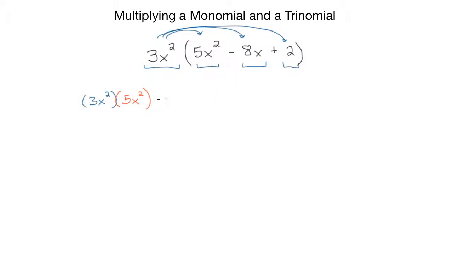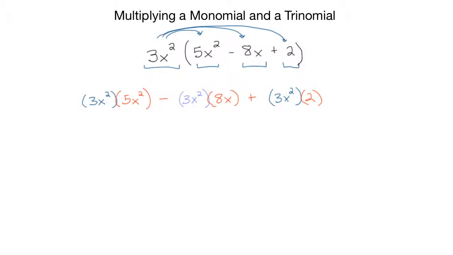And I have a minus sign, and then that 3x squared is now multiplied by the 8x, plus, now the 3x squared is multiplying by the 2. All right, there you go. Hopefully you can see how we've distributed this 3x squared to each of the trinomial terms there: 5x squared minus 8x plus 2.